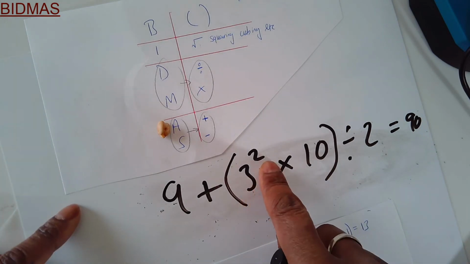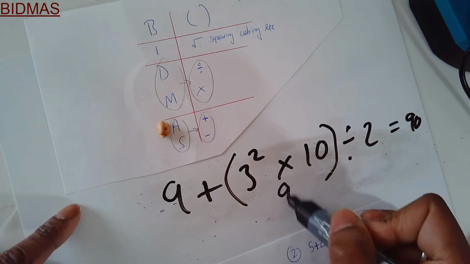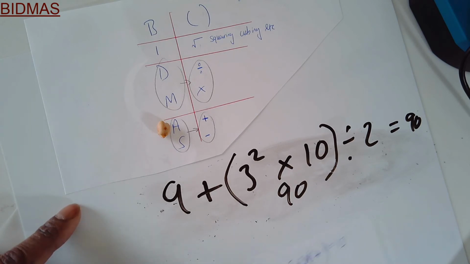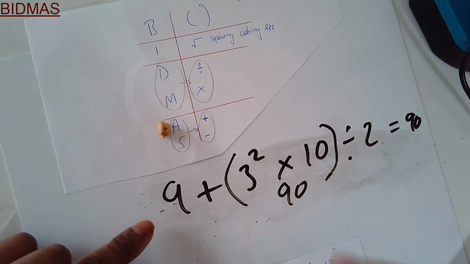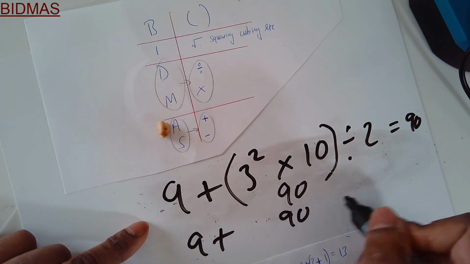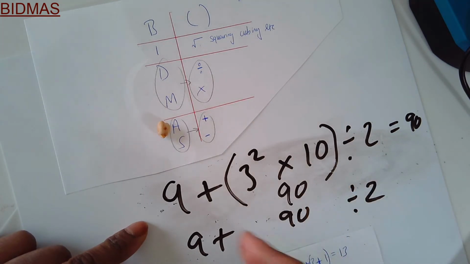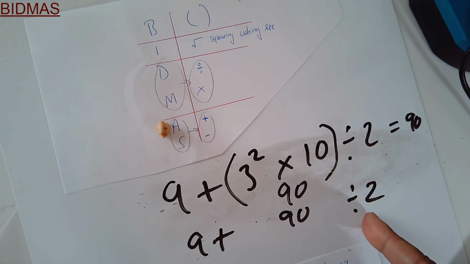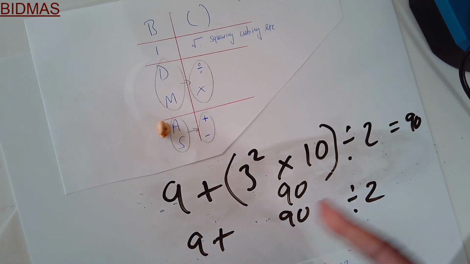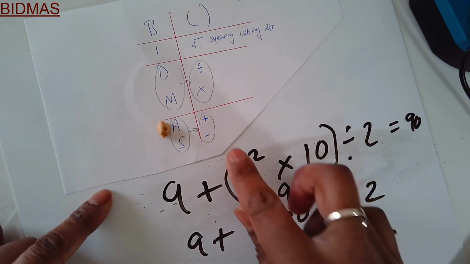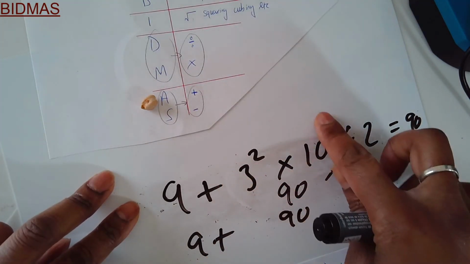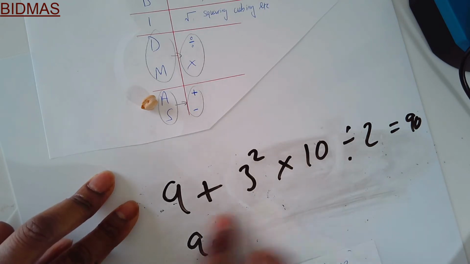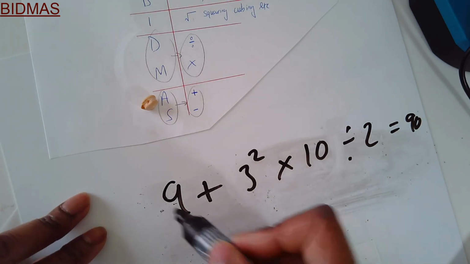Right, 3 squared is 9, 9 times 10 is 90. So you've got 9 plus 90 divided by 2. 90 divided by 2 is 45, 45 plus 9, nowhere near 90. Right, brackets in the wrong place.